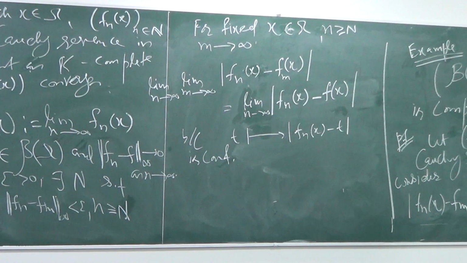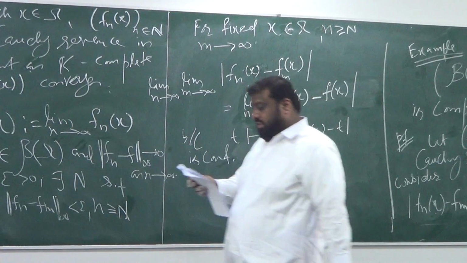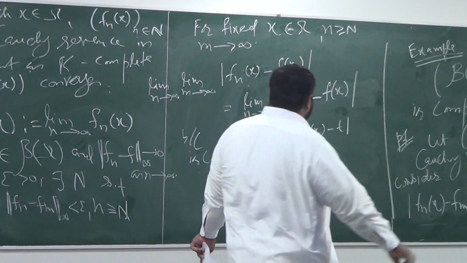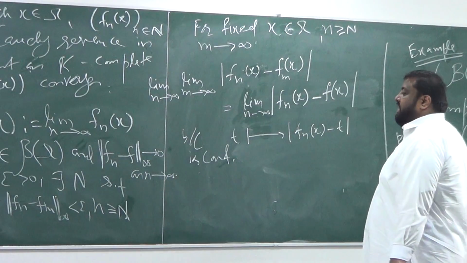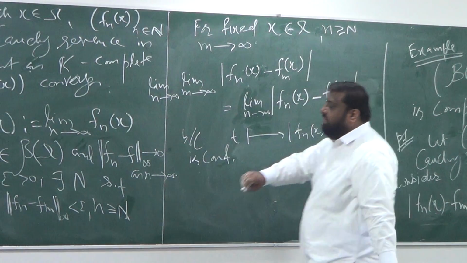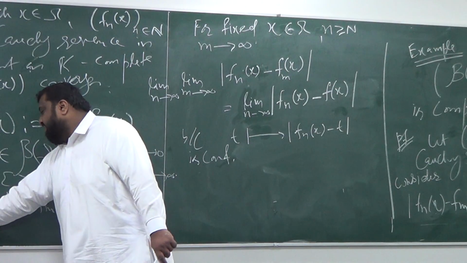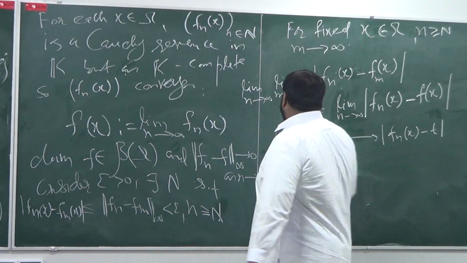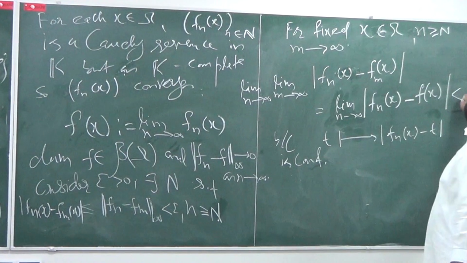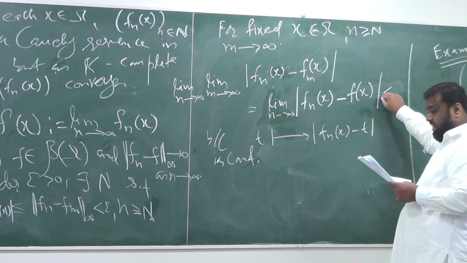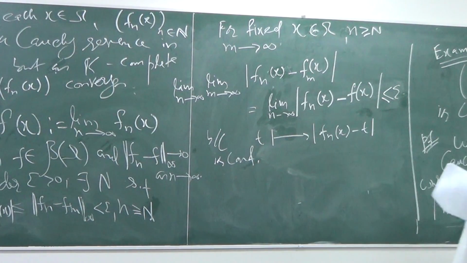I know that I can estimate this limit. If |f_n(x)| is less than epsilon for all n bigger than or equal to N, then I can say that this is also less than or equal to this arbitrary epsilon.